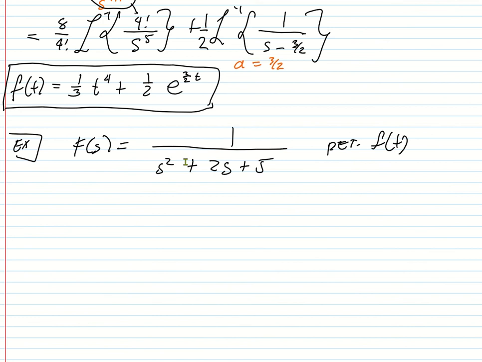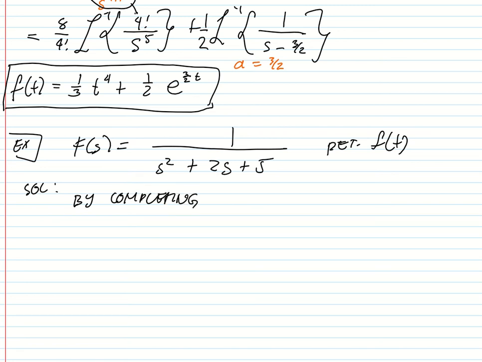Usually in control theory, most of the time we deal with quadratic functions. So how do we solve this one? There is no exact similar form in the Laplace table. So we need to simplify this first by completing the square.